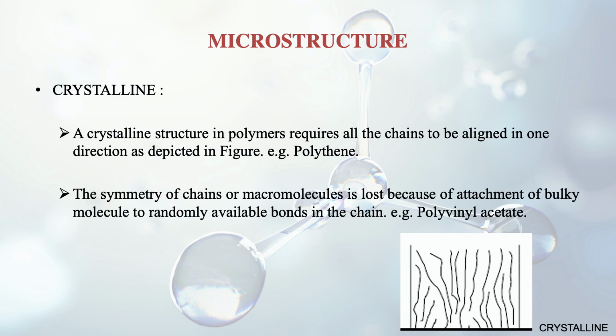The symmetry of the chains or the macromolecules is lost because of attachment of a bulky molecule to randomly available bonds in the chain. If this particular molecule combines with a bulky molecule, then this symmetry may be lost, and the example is polyvinyl acetate.